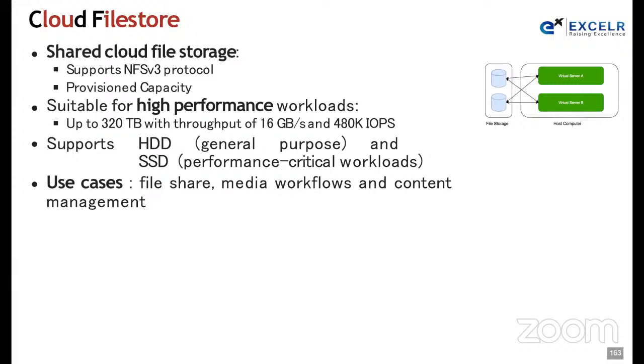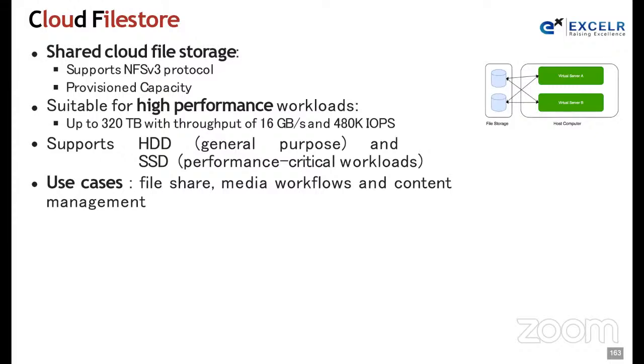It is ideally suited for high performance workloads, providing IOPS of close to around 480K and a throughput of 16 GB per second, and the highest you can go is 320 terabytes.